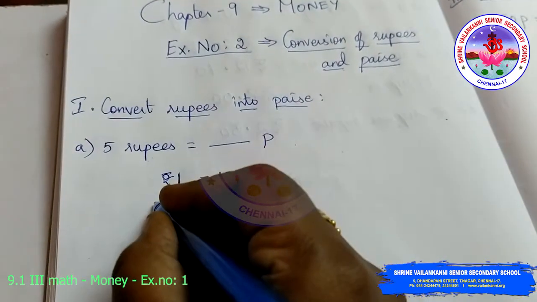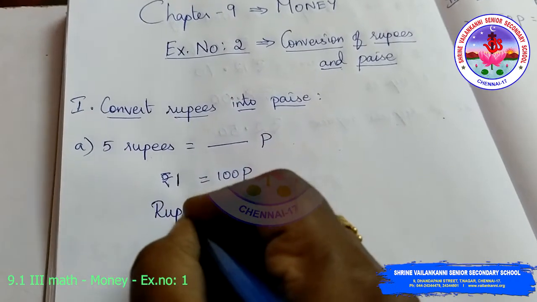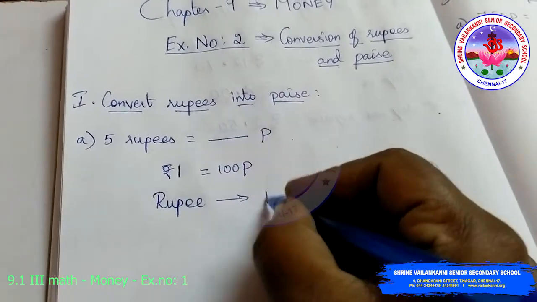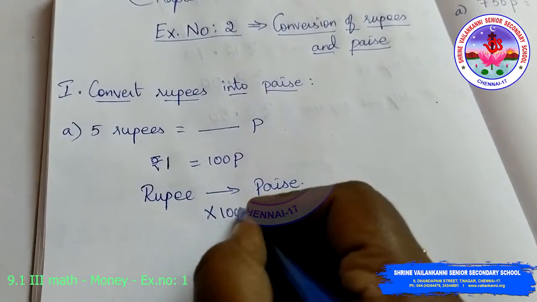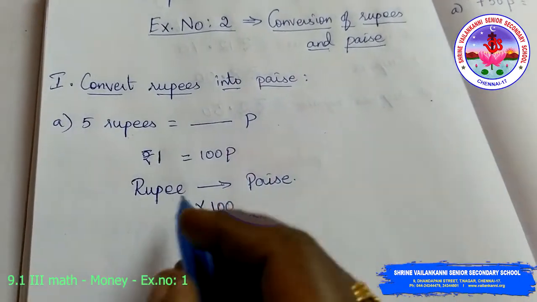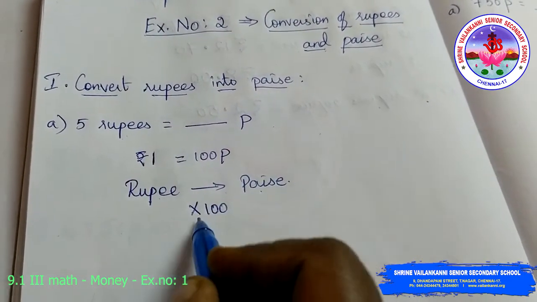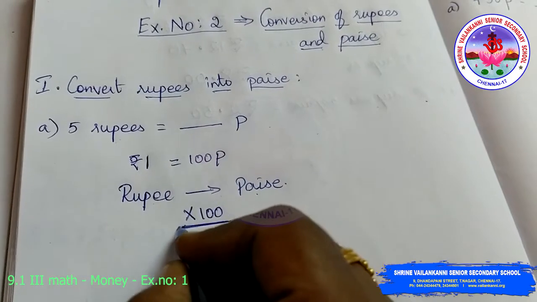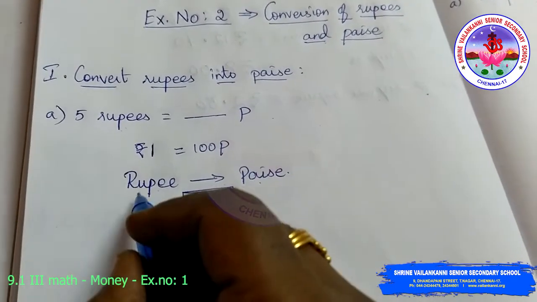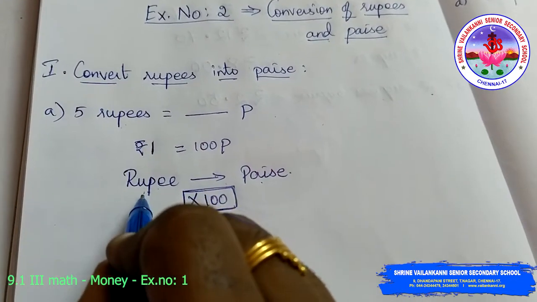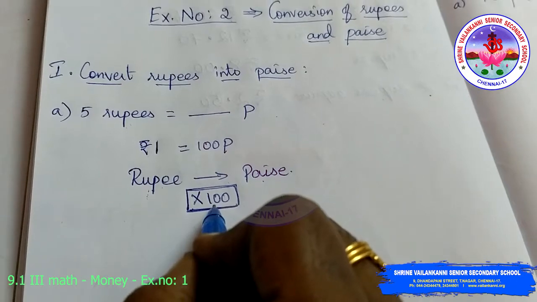So whenever you are going to convert rupees to pies, you have to multiply with 100. When you are converting rupees to pies, whatever the amount of rupees is given has to be multiplied with 100.